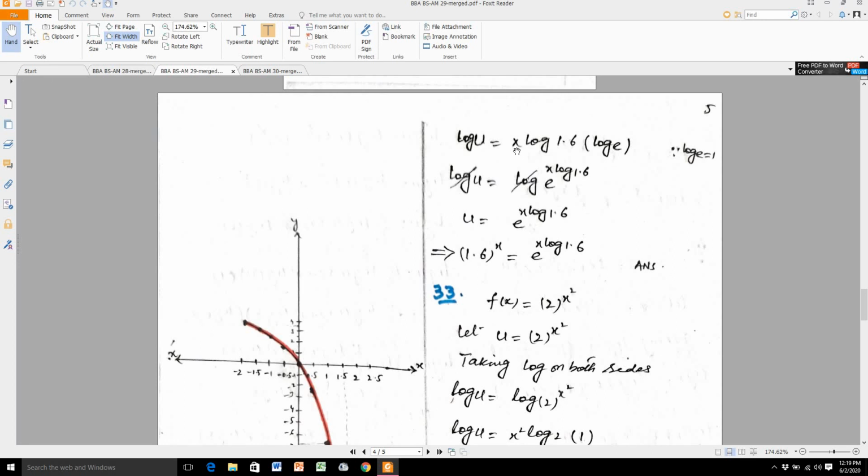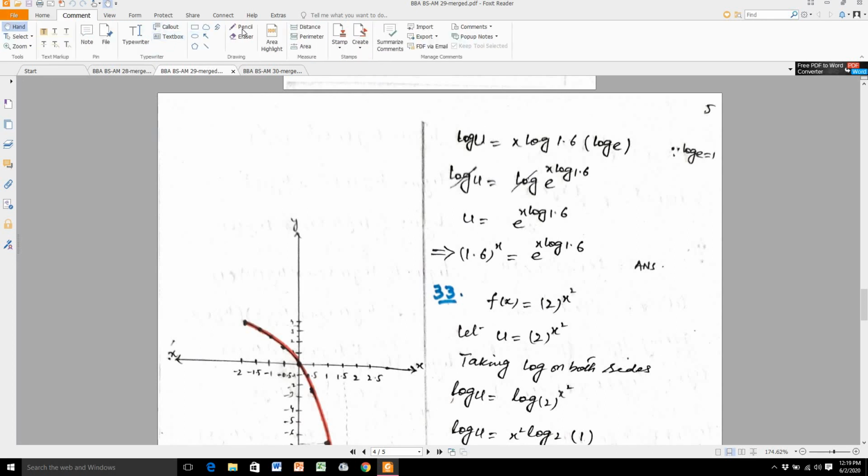So this complete x log 1.6 becomes the power of this exponential function.